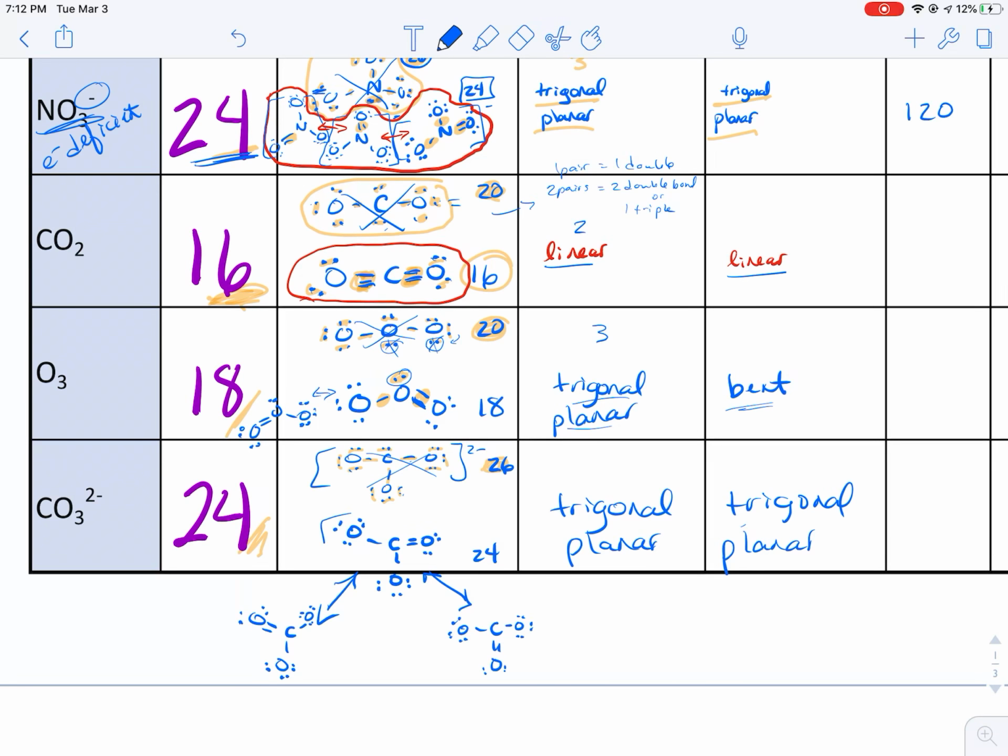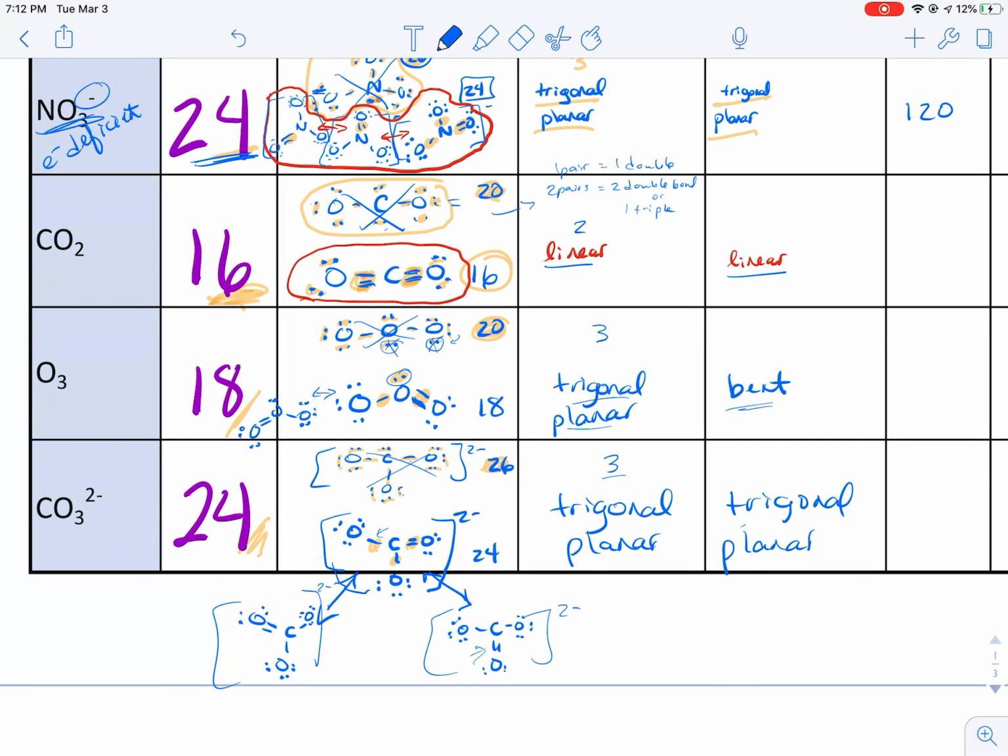And then bracket, they should be vertical brackets, but these are kind of messy. That's 2 minus. This one needs a bracket, 2 minus, and this one needs a bracket, 2 minus. And you'll notice all I did was move that double bond to there, and then we also moved them to there. This shape has 1 region, 2 regions, 3 regions.